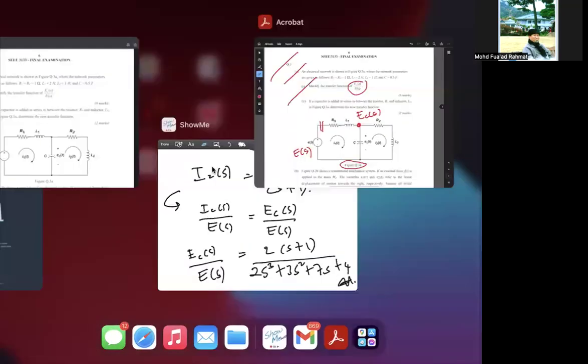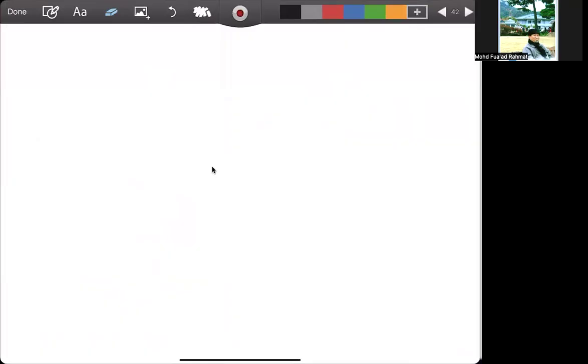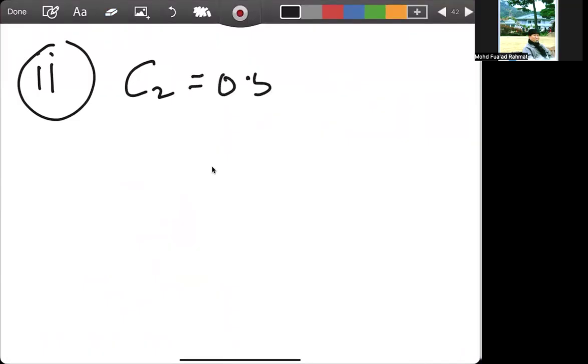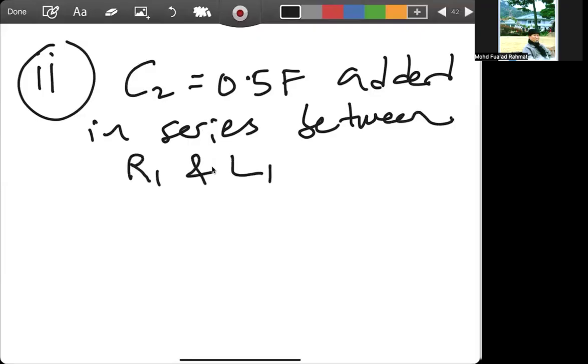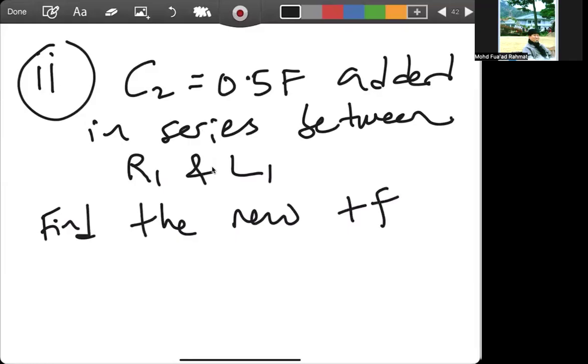So in that case, C2 0.5 farad added in series between R1 and L1. So find the new transfer function, which is I2 over ES.